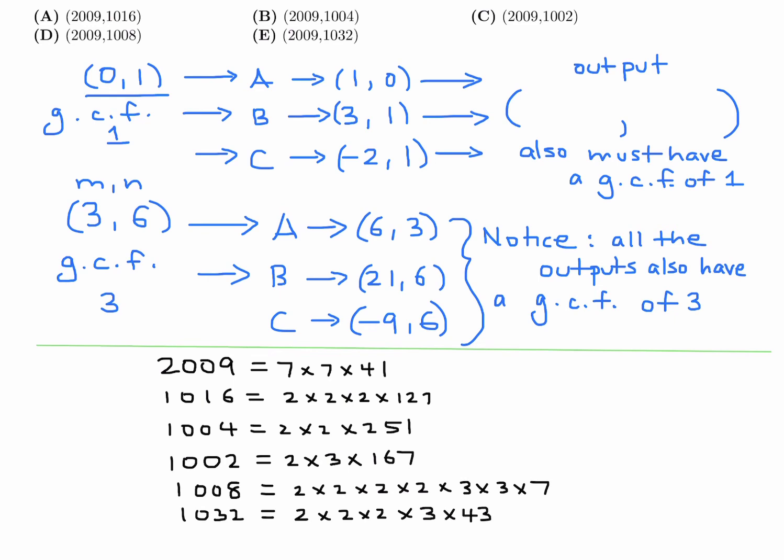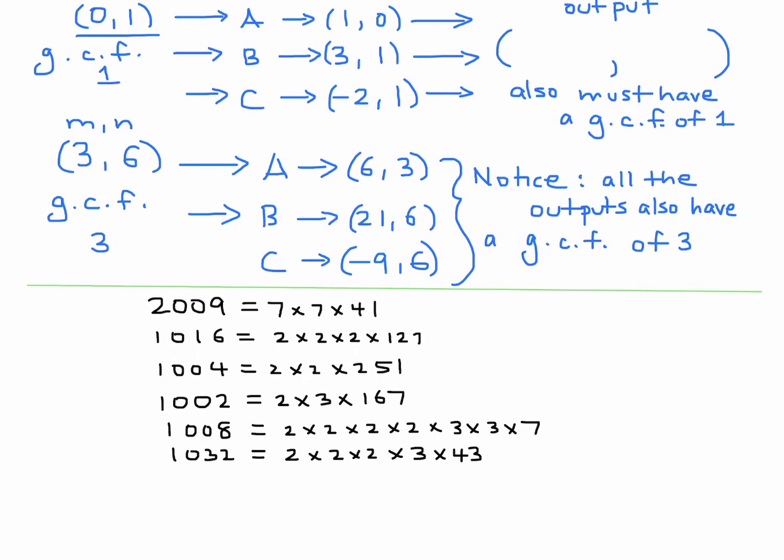Those are the factors of everything, not the common factors. Now we compare everything with 2009, keeping in mind, do we have a GCF of 1?